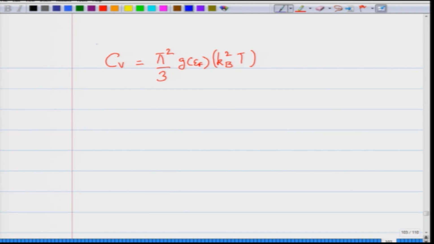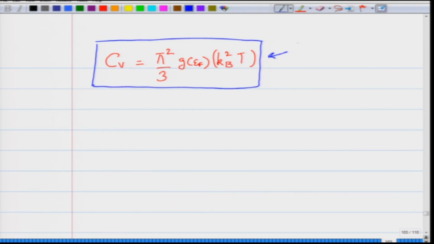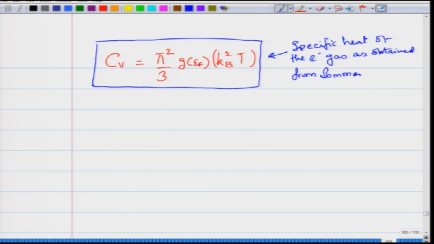This is my expression for the specific heat of the electron gas as obtained from Sommerfeld's model.